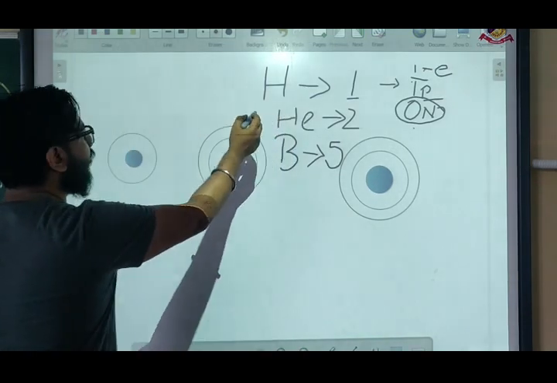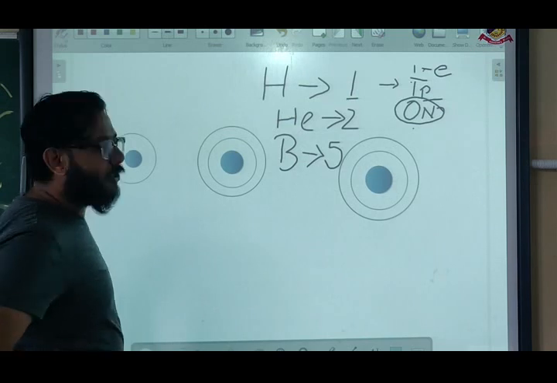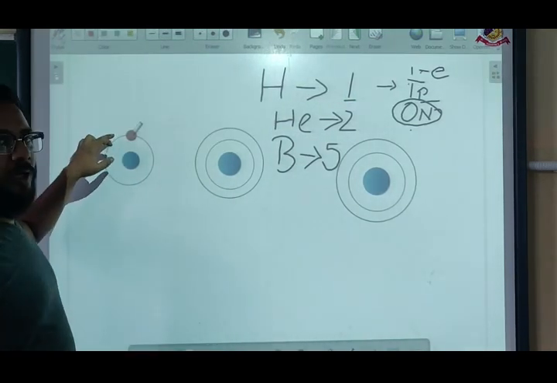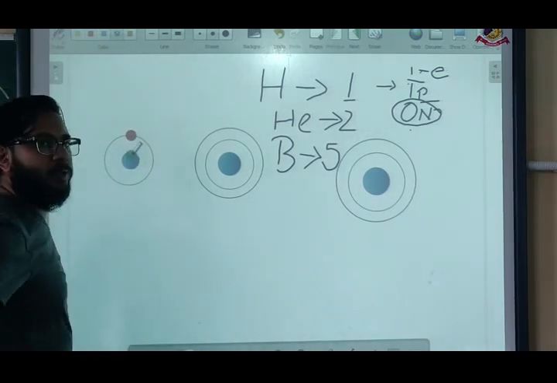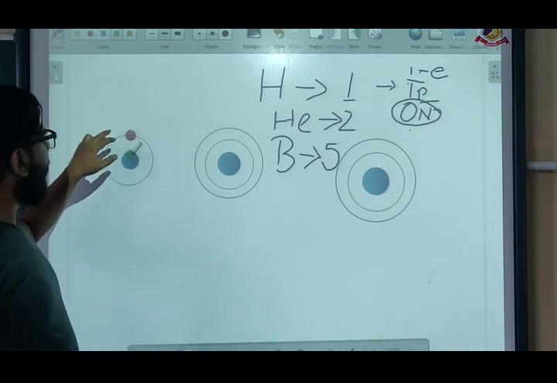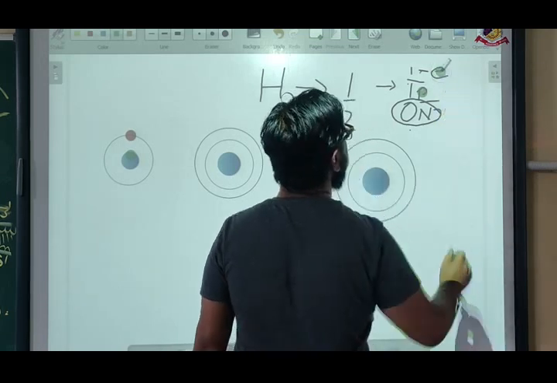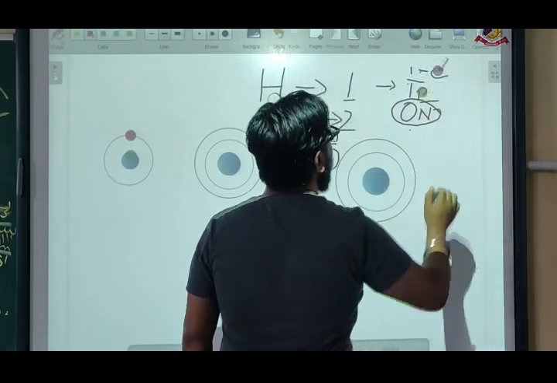So if you were to write hydrogen's electronic configuration, it would be 1 electron up there and 1 proton in the nucleus. I'm using green for proton and red for electron. Proton is green, electron is red.